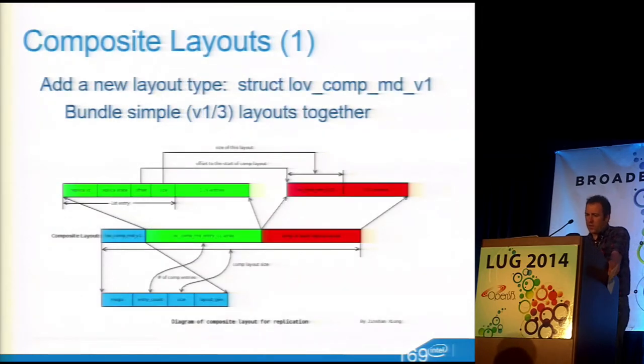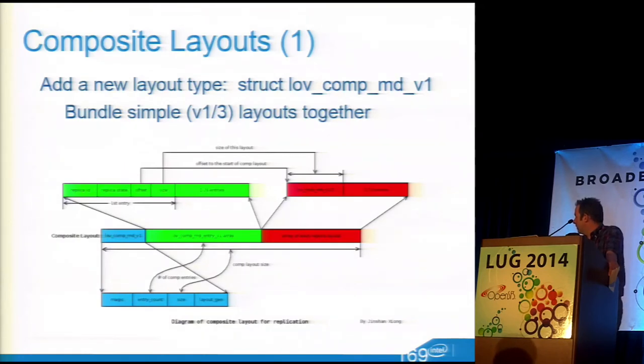So now a little bit about the design itself. Jinshan made this awesome drawing, which I really liked. I don't claim that it explains it very well in this context, but it is a very good drawing. So we have a new layout type, LOV_COMP_MD_V1.